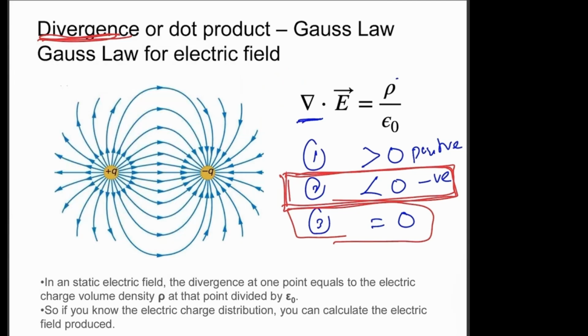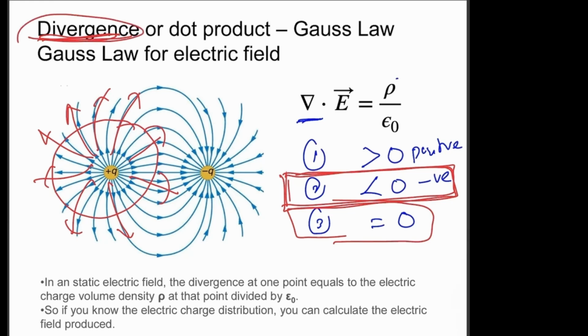In the third scenario, all the arrows go out from this circle, or we can say this is divergence. This is for a positive value of the product.